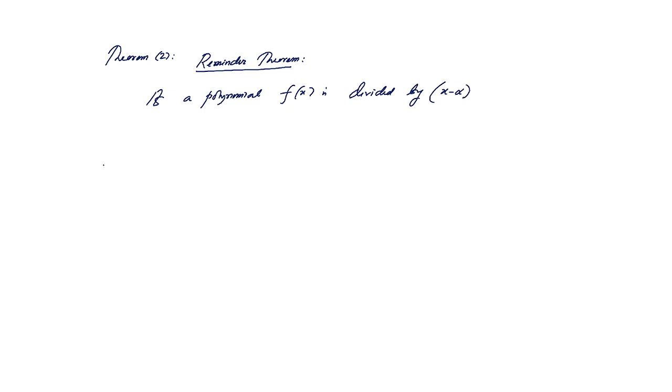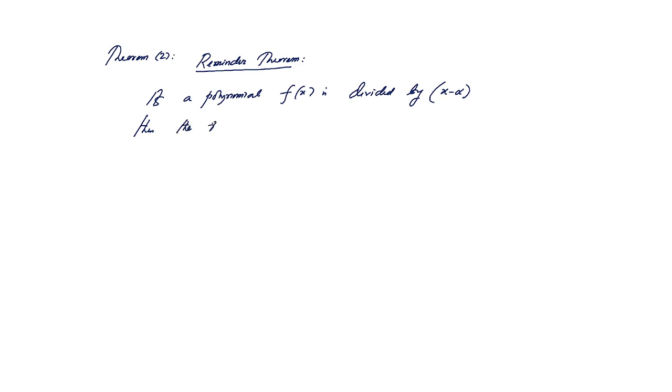Now the remainder theorem. The remainder theorem helps us find the remainder of a polynomial when it is divided by some linear polynomial. So if a polynomial f(x) is divided by x minus alpha, then what is the remainder?